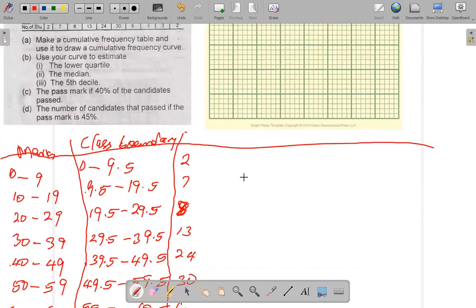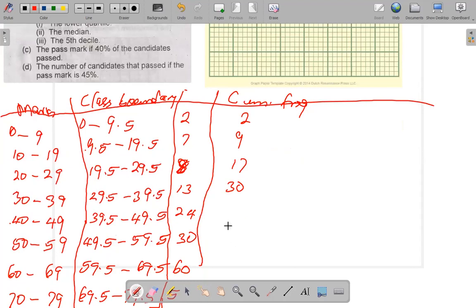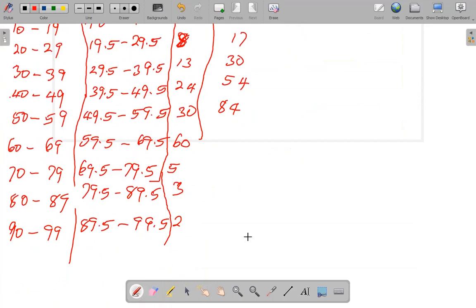And next is the cumulative frequency. The cumulative is 2, 7 plus 2, 9, 8 plus 9, 17, 13 plus 17, 30, 30 plus 24, 54, 54 plus 30, 84.